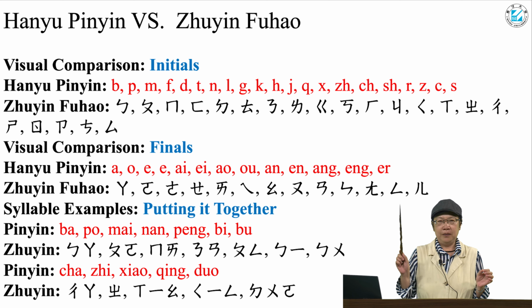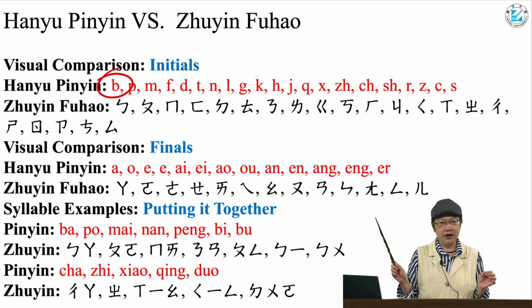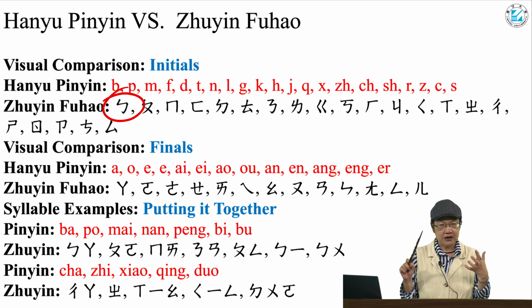Normally, people like to use 汉语拼音 because it uses the alphabet and everybody can write it. For example, the B sound: in b, p, m, f, we have this new kind of writing symbol to help us remember the B sound.